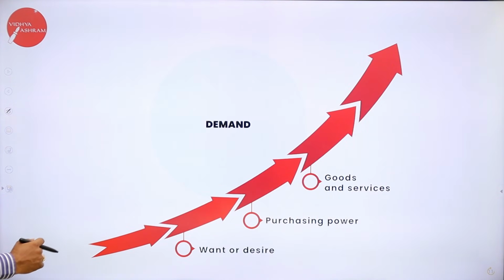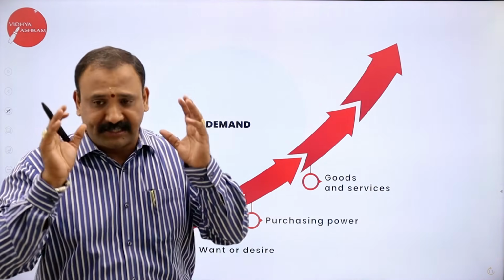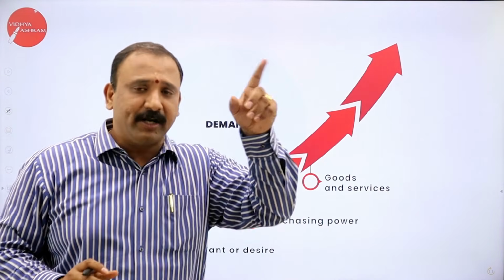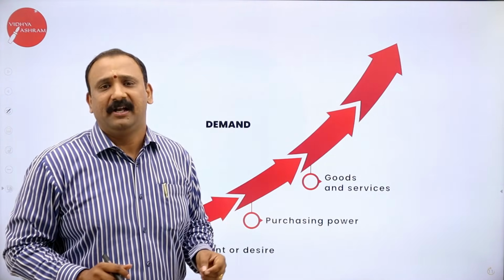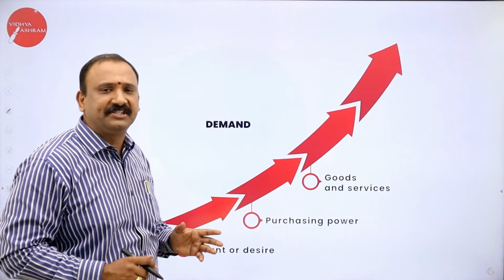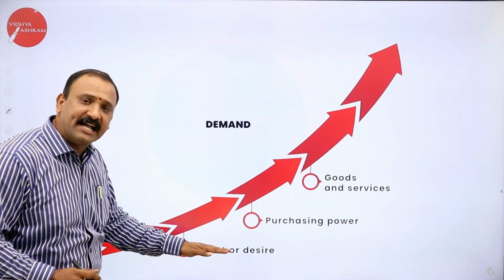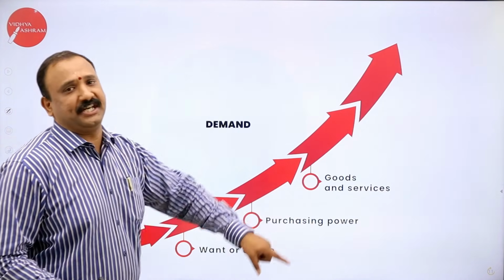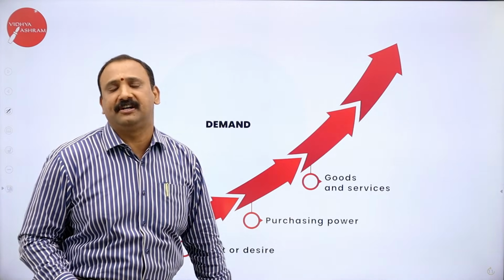Moving forward, demand. Demand is the most important factor. This is the key word of microeconomics. We had spoken about supply and demand some time back, but today we are going to see what this demand function is altogether. Demand is defined as the want or desire combined with the purchasing power to get particular goods or services.